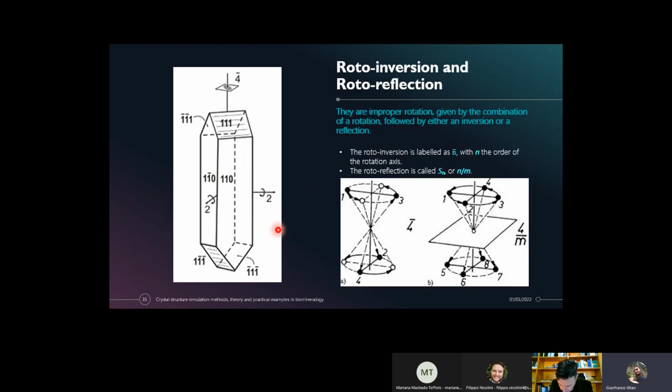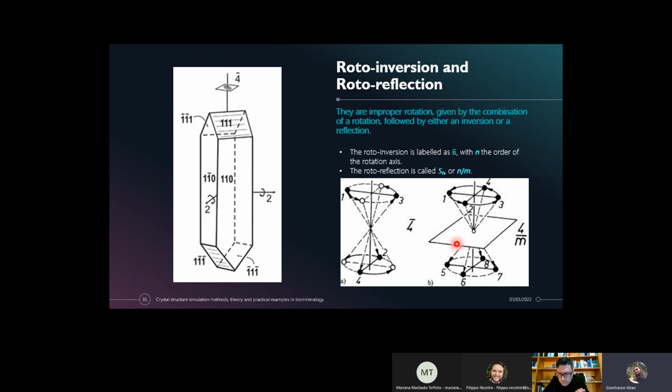Obviously, we can combine these operations. For example, we can have the roto-inversion, which is the successive application of a rotation and an inversion, or a roto-reflection, a rotation followed by a reflection. The roto-inversion is labeled minus n, where n is the order of the rotation axis.